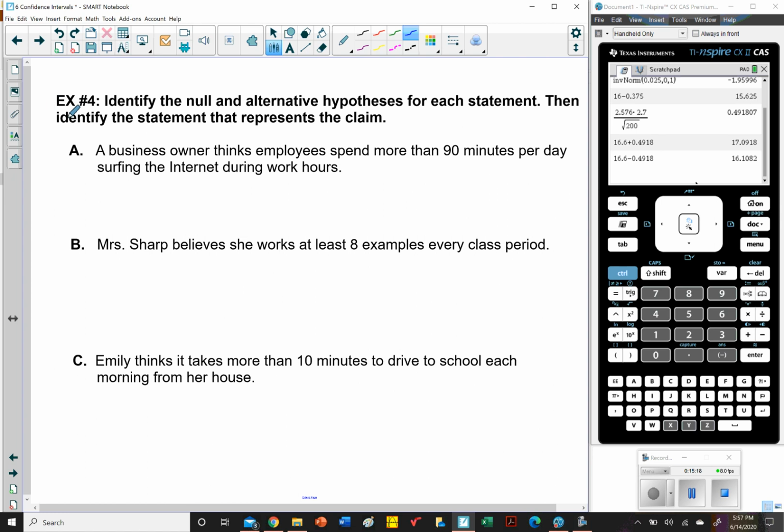So here's 3 examples for us. You have a business owner who thinks employees spend more than 90 minutes per day surfing the internet during work hours. So do you hear the inequality? More than, that's the alternative hypothesis, because it's a statement of inequality.